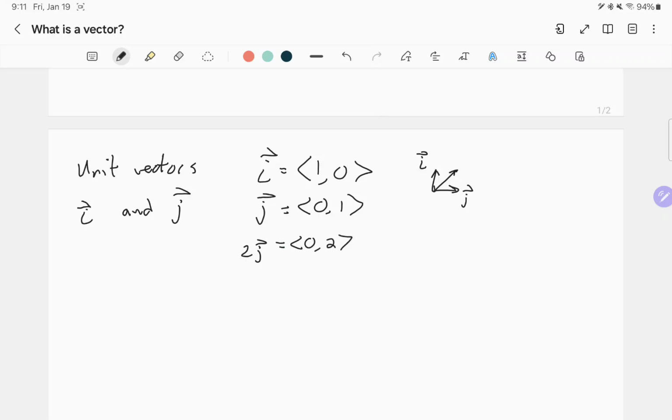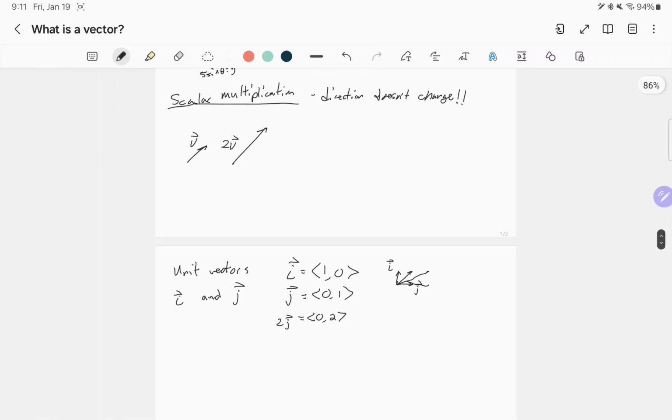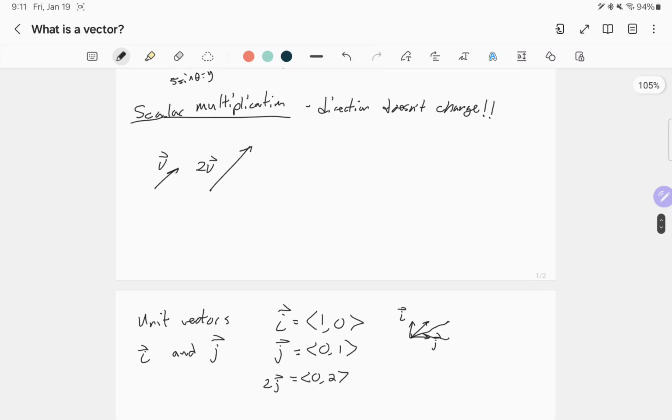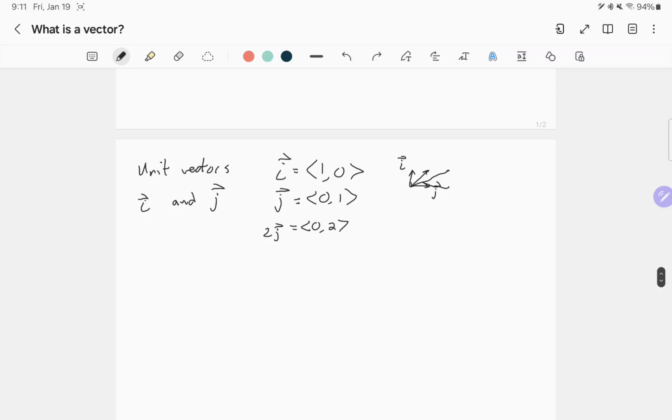Because the 2 gets multiplied like this. It gets distributed. And the 0 will always remain 0, which is nice. So this 2j goes to here, and then you can build this vector. Or you can scalar multiply by a negative number. So I forgot to mention, negative v would look like this. It is in the same angle of direction, but it is flipped exactly 180 degrees.